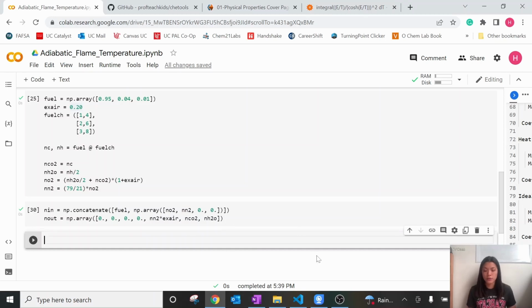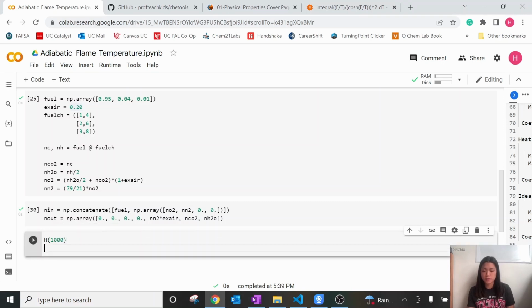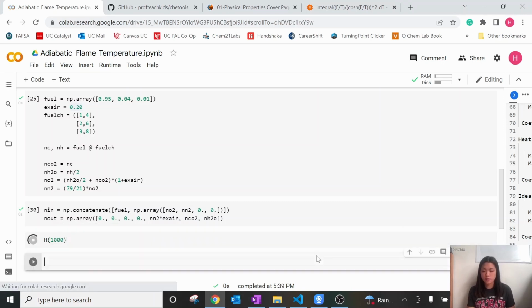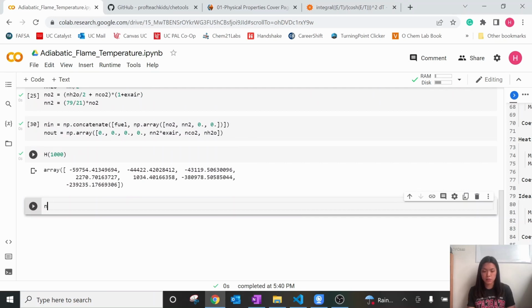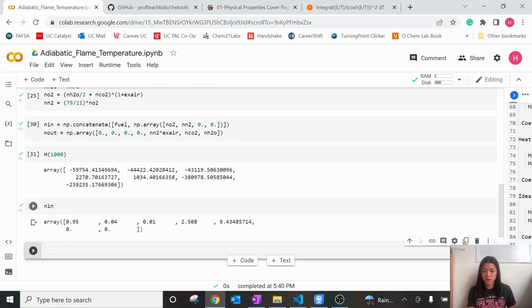And so if we were to multiply the enthalpy, at any given temperature, we'll do 1,000. So we have those enthalpies, and then we have the moles going in. If we were to multiply those two arrays, that would give us the enthalpy.